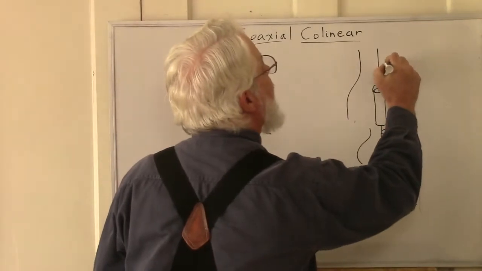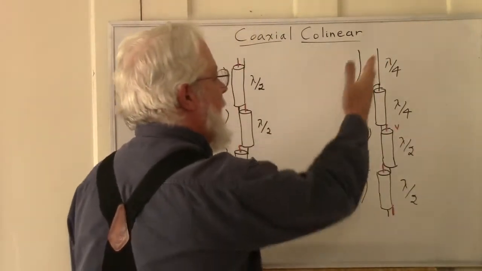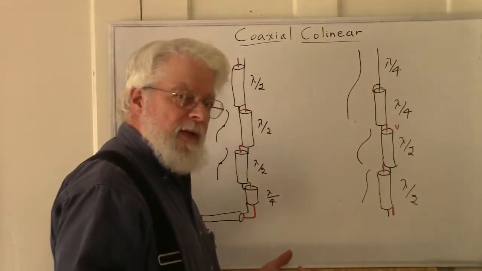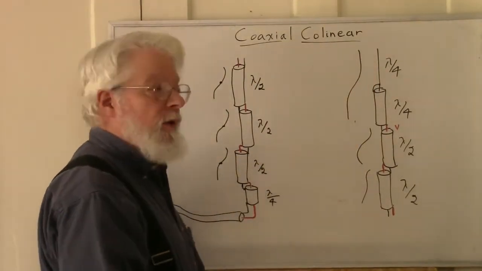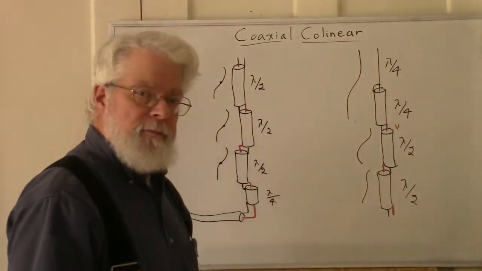So we have another lambda over 4 piece of wire, which ends as would any antenna, ending in a voltage node in free space. And that's the top of the antenna, and we're done.